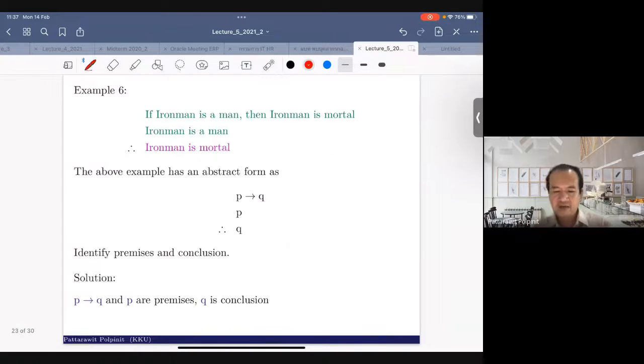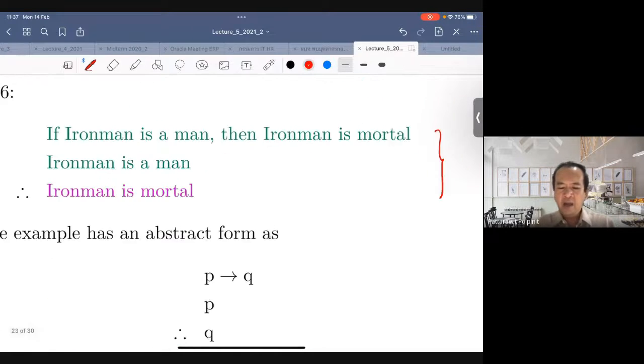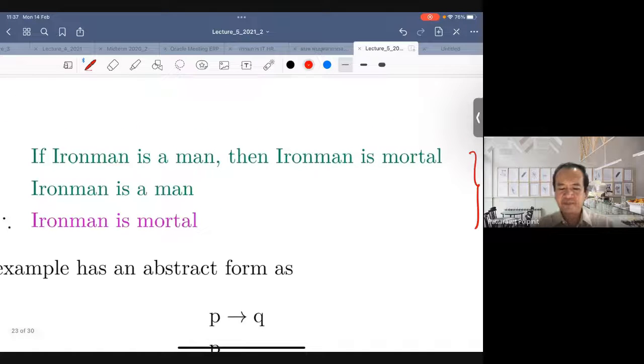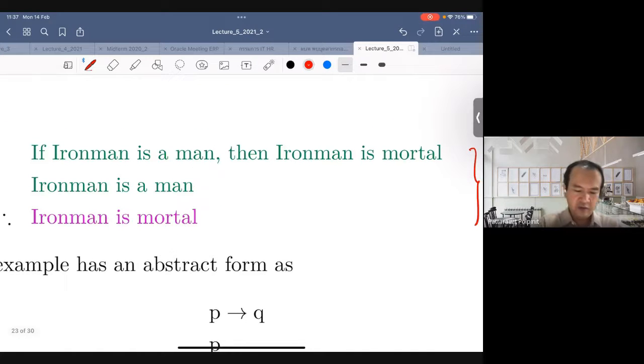So how do we check? For example, look at this argument. Let's say this statement: if Iron Man is a man, then Iron Man is mortal.